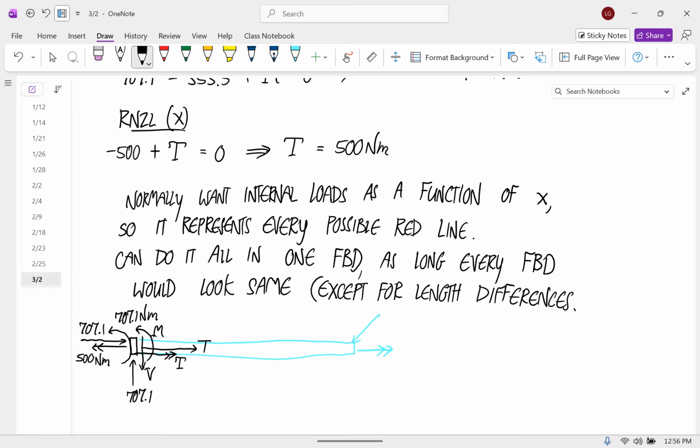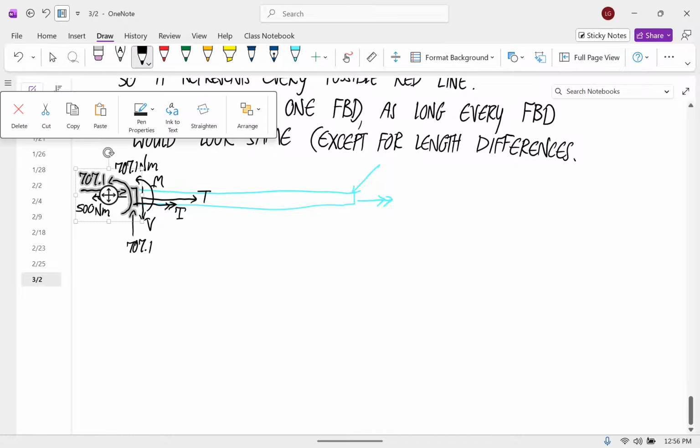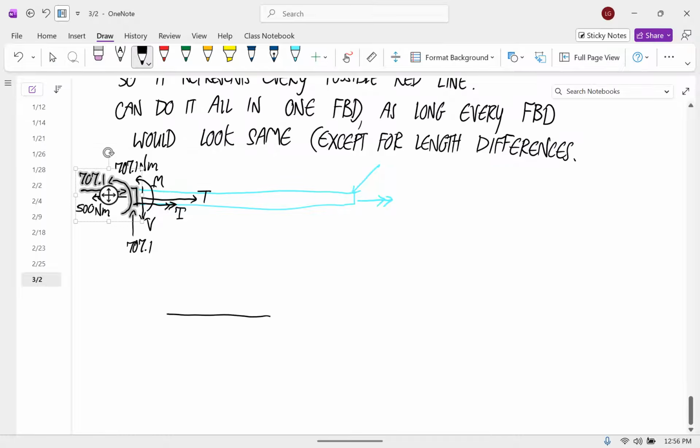Notice though, even though that's a really short piece we're considering, there are no differences in the loads that are shown in our free body diagram from what we did in the example above. And we could do another piece like this, where we're excluding this piece.